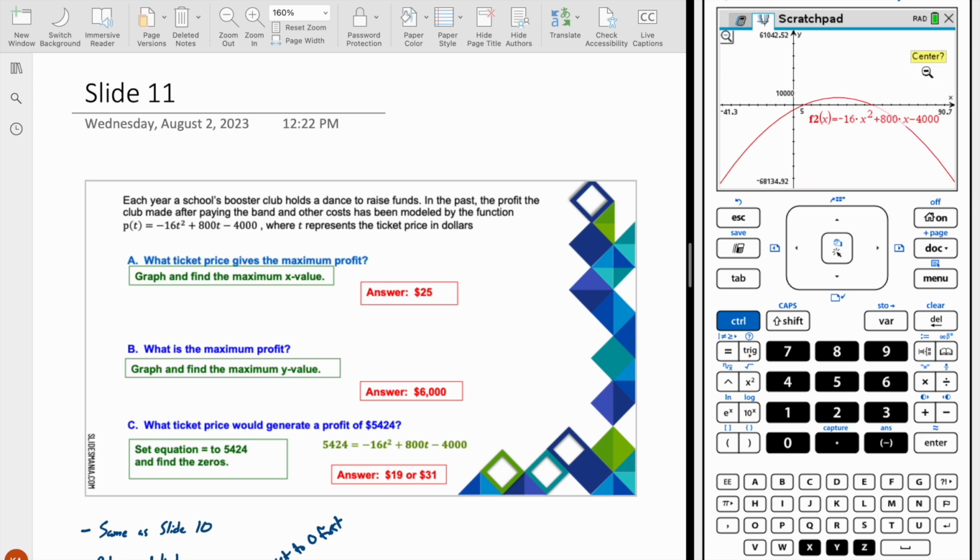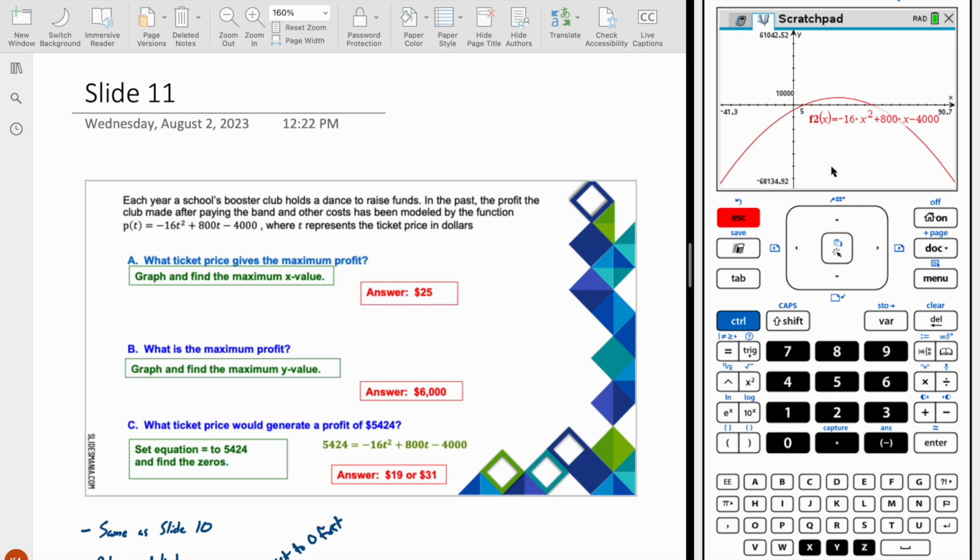So once you click, it will continue to zoom out with each additional click until you are satisfied. You are able to get out of this once you hit escape. Notice escape is over here on the top left of your buttons. Once you hit escape, you are no longer able to zoom out.